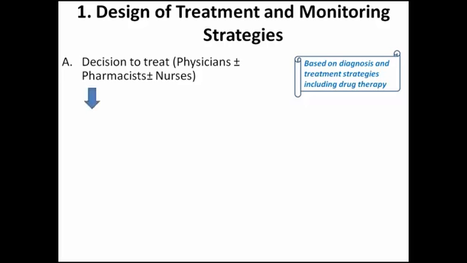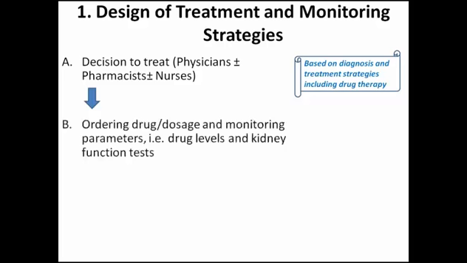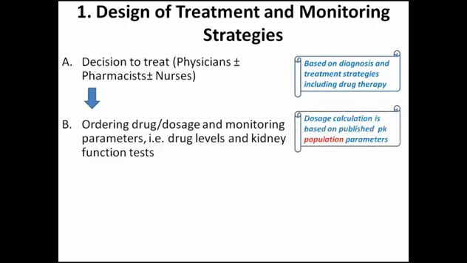The next step in the process is to order a dose and monitoring parameter like drug levels or kidney function or liver function tests. The dosage calculation at this stage is based on published pharmacokinetic parameters, i.e. the population values.